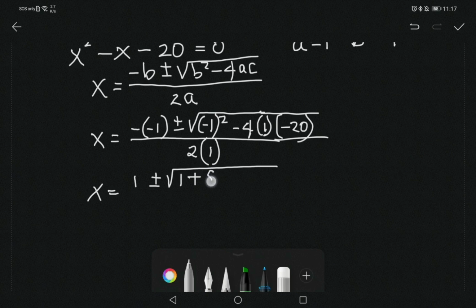Positive 80, because negative 4 times negative 20 is positive 80, over 2 times 1 is 2.